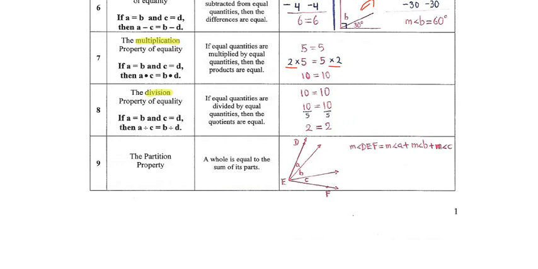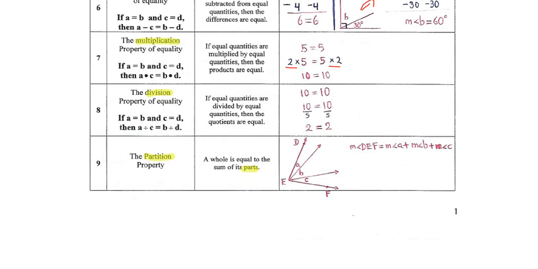And the last one is the partition property of equality. And this property, which could be new for all of us, says that a whole is equal to the sum of its parts. So the word partition comes from the word parts. It's just saying that an entire thing, such as an entire angle, is equal to the sum of the parts.